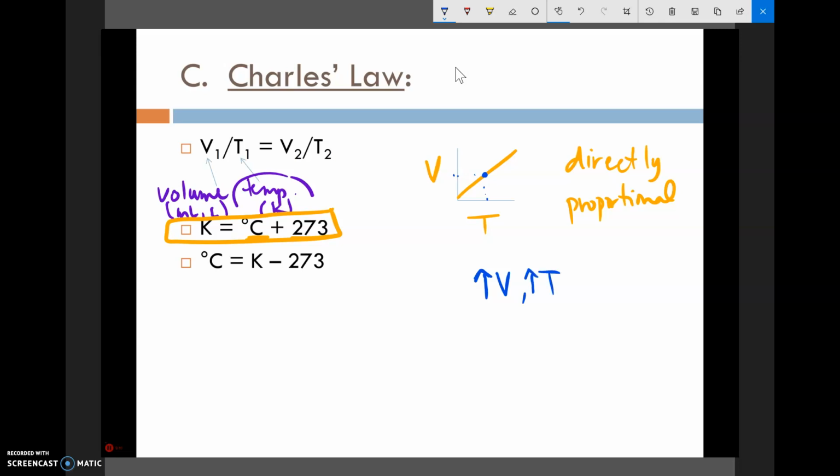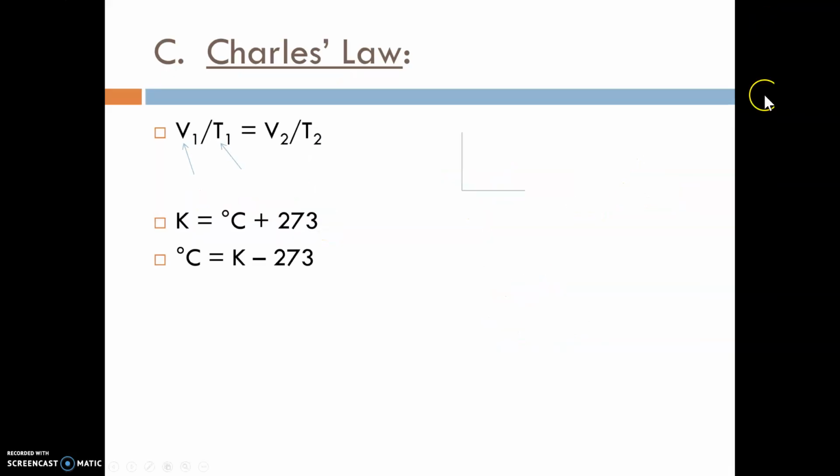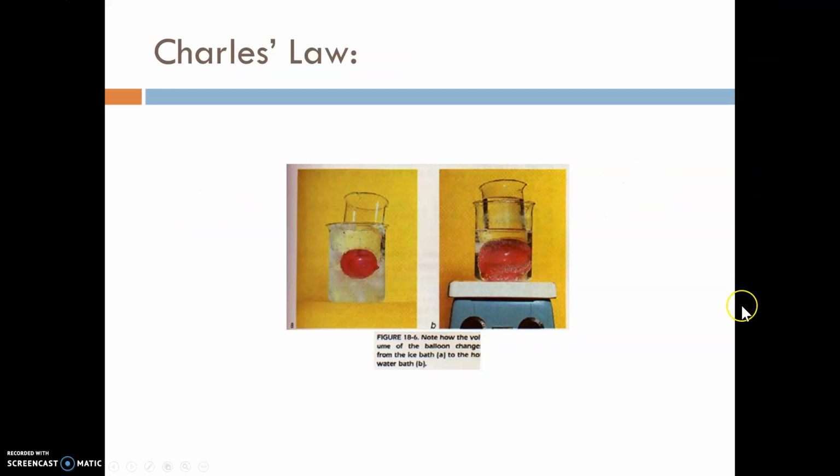So this is why this is directly proportional. Again, you're going to see that right here with this plot point. Okay, our volume's increasing. Oh, look at that, our temperature increased. So again, directly proportional. So if our volume decreases, that's right, you've got it, then our temperature will decrease as well. Okay, let's show some pictures of Charles' law.